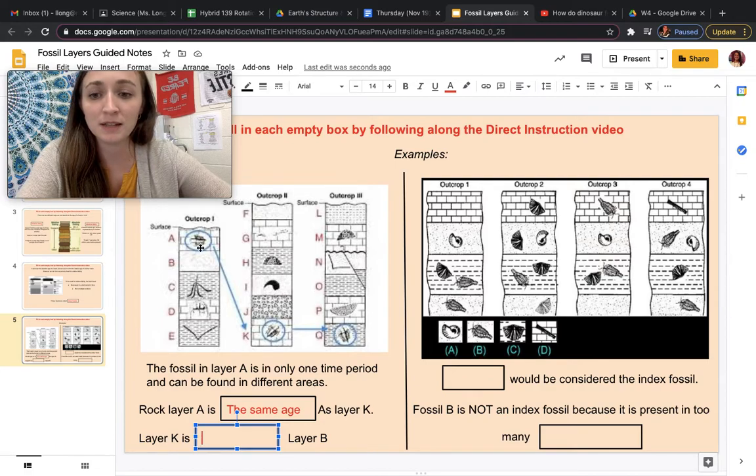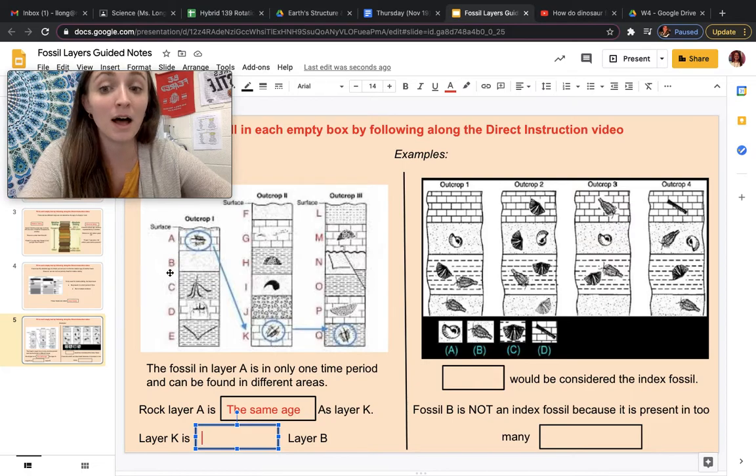So since layer K is the same as layer A, and A is above layer B, we know that whatever layer A is, it is younger than layer B because it is above it. So since A is younger than B, we know K is also going to be younger than B because it is right above it.